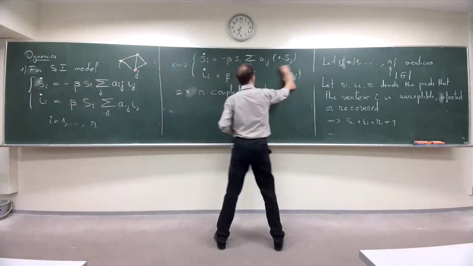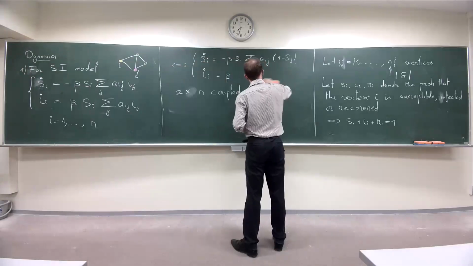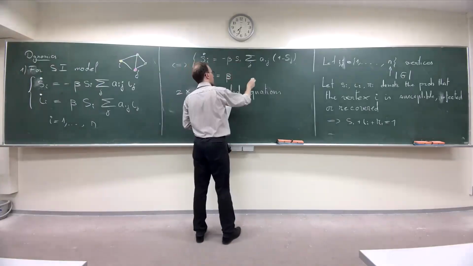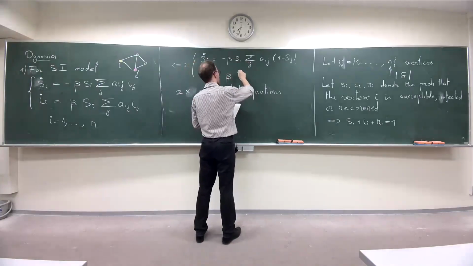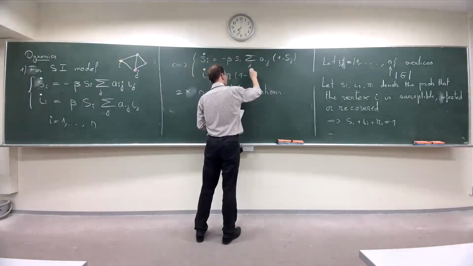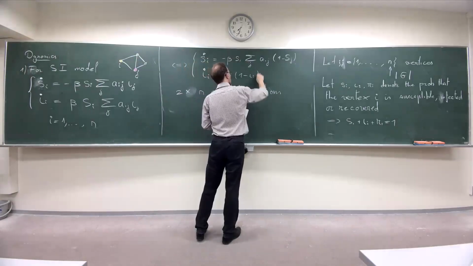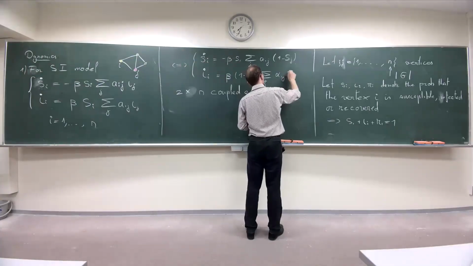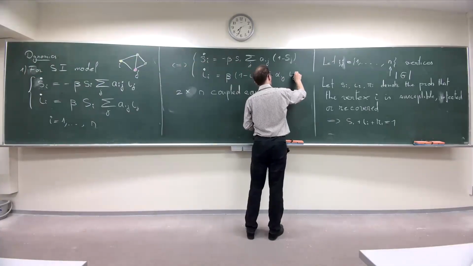This second line is not correct. I need to have everything in terms of I. So this is beta, yes, (1 minus iota I) times the sum over j Aij iota j.